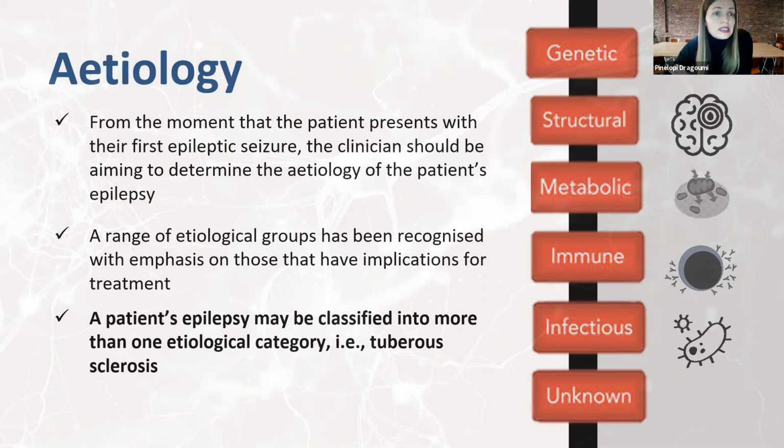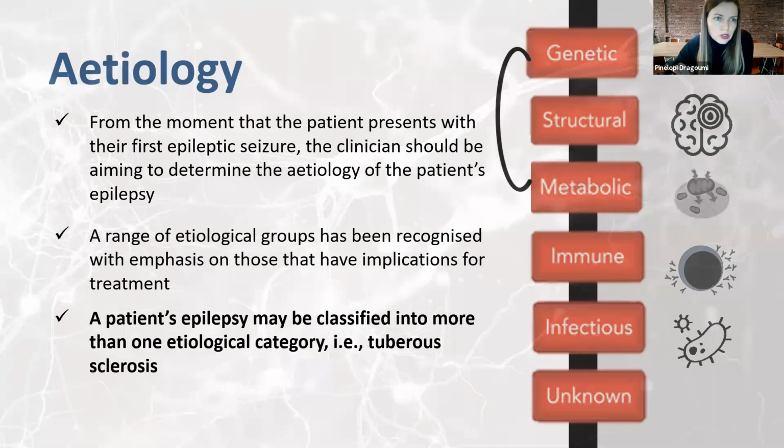So we also need to bear that in mind all the time. And these are not categories that are specific for a person. Some people can have both genetic and structural, as in tuberous sclerosis. And of course, with the metabolic diseases, these are also mostly genetic. So the one does not exclude the other as an etiology.